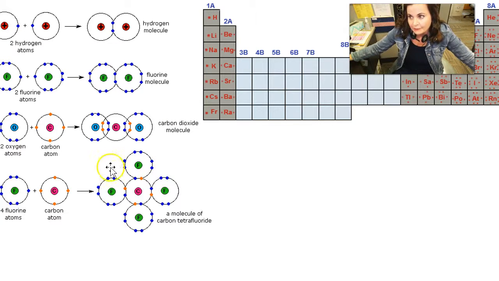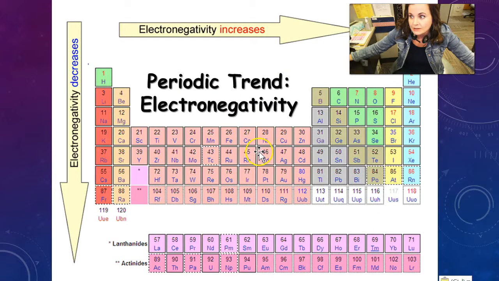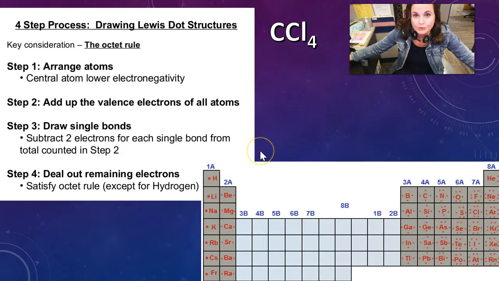So to figure out how they share and what type of structure forms, we use these rules. We draw these structures called Lewis dot structures, and that's what I'm going to focus on today. So there are some rules for the Lewis dot structure. Rule number 1 is to arrange the atoms around the central atom, which has the lowest electronegativity.